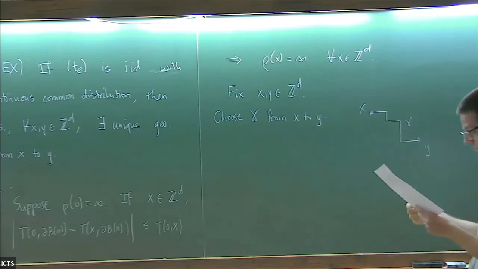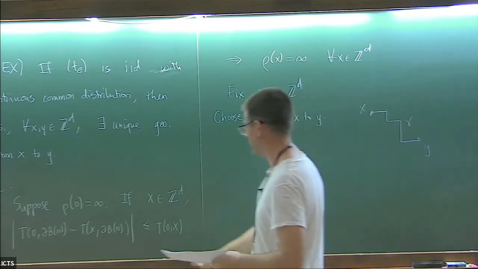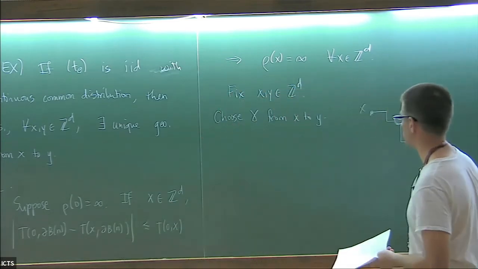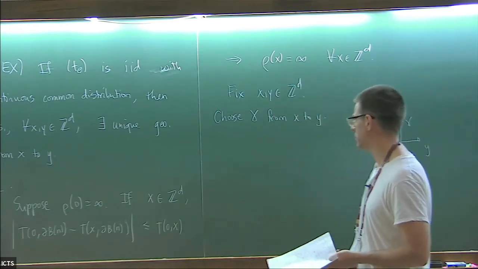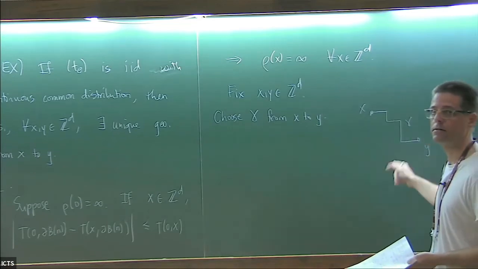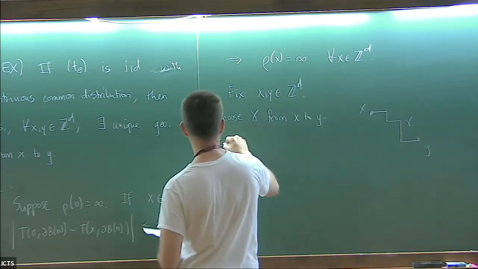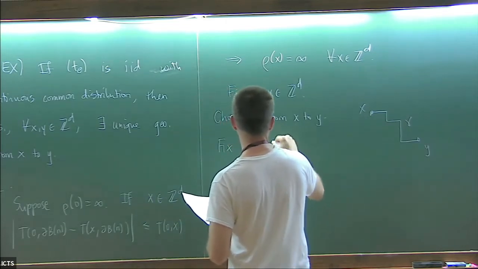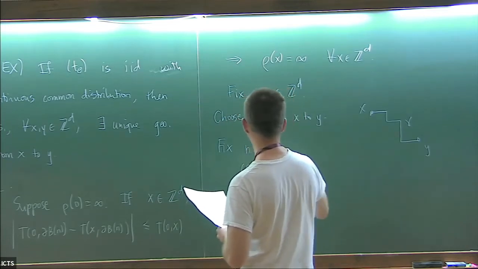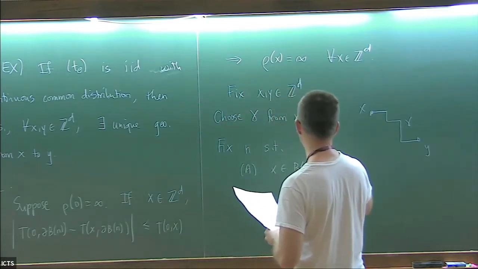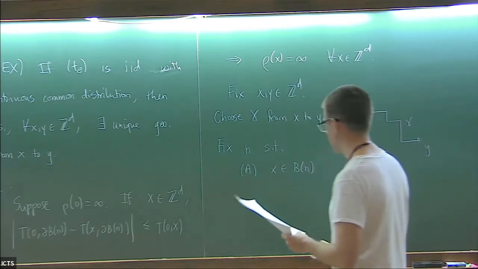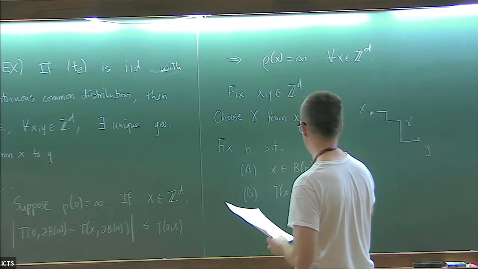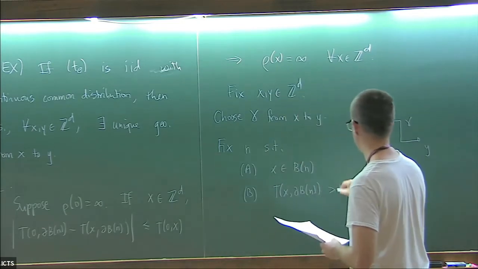Here's gamma. Well, we know that the passage time from x to the boundary of B_n is going to infinity. So we can choose an n which is so large that the passage time from x to the boundary is bigger than the passage time of this path. So let's fix n such that two conditions hold. First of all, x is actually in the box of size n. And second, the passage time from x to the boundary of the box of size n is bigger than the passage time of gamma.